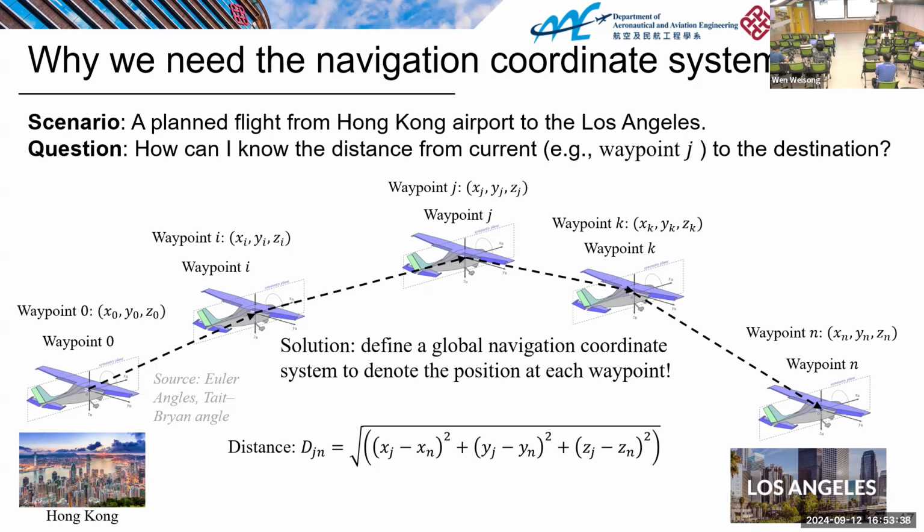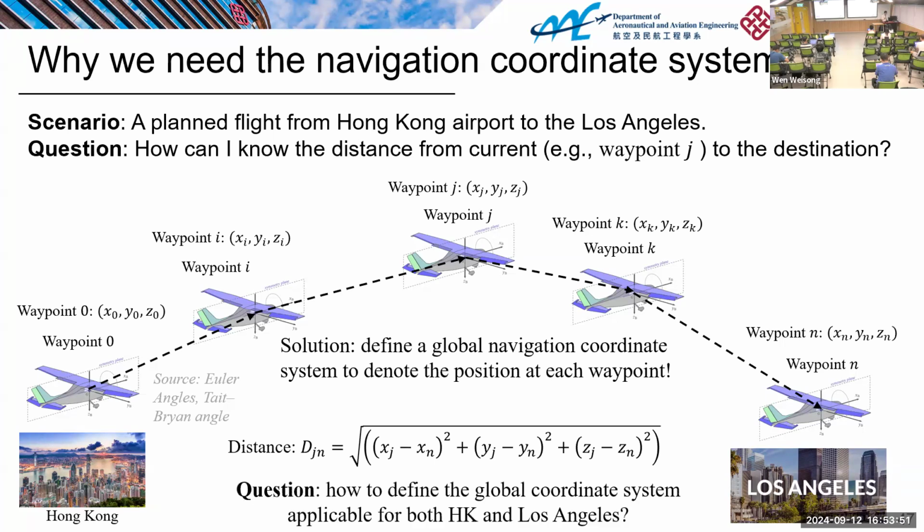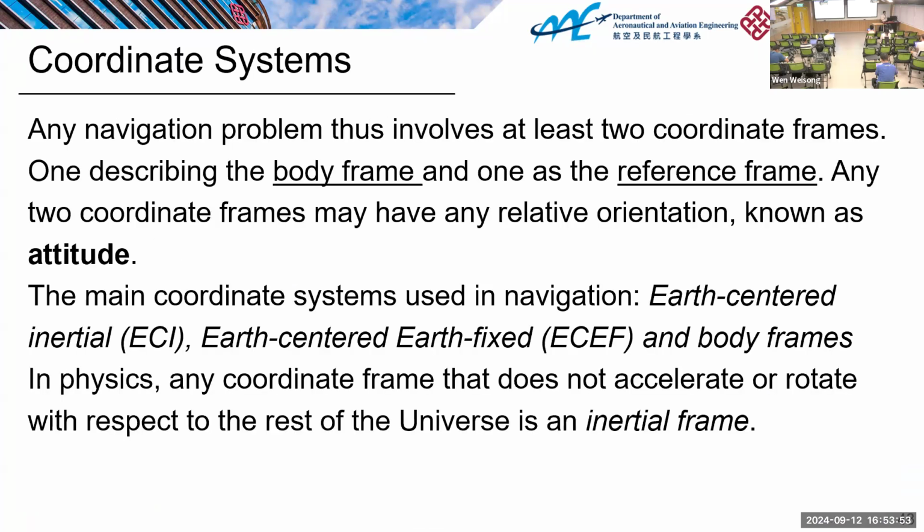So the question is, which coordinate system do you need to use? We need to define some coordinate systems, especially for long distance traveling with different purposes. If you look into books about navigation, there are a lot of coordinate systems, maybe more than 10. But in this lecture, I mainly talk about 4 different coordinate systems.